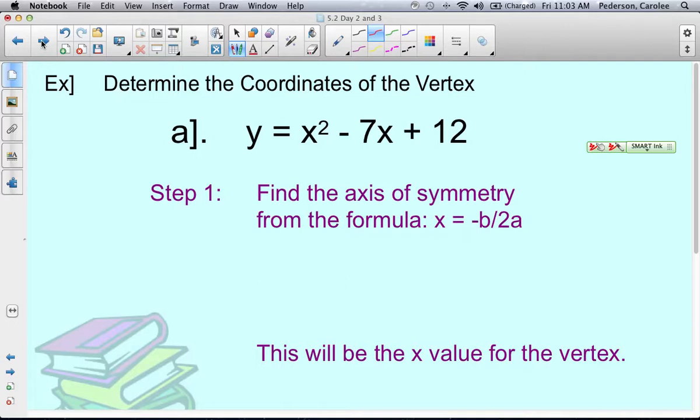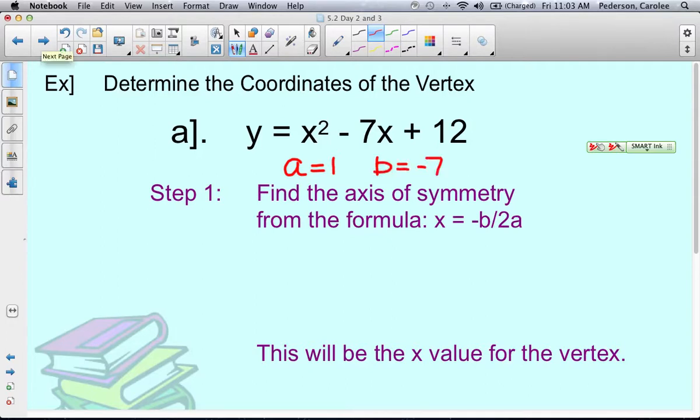Step 1 is to find the axis of symmetry using the formula like we did, x equals negative b over 2a. So we have to identify the a and the b from this equation. So a is 1 and b is negative 7.